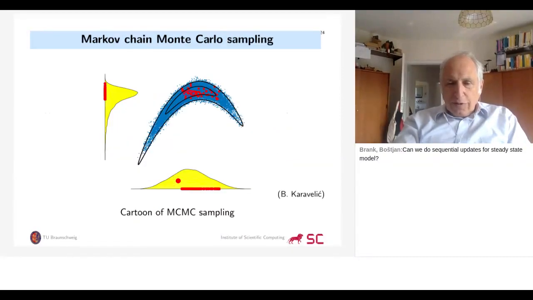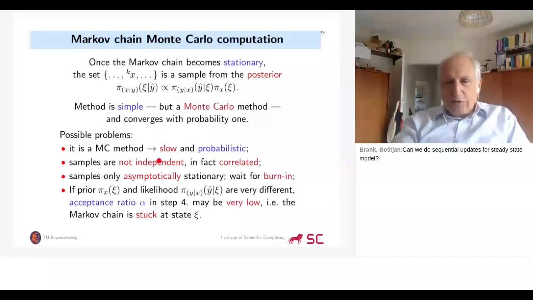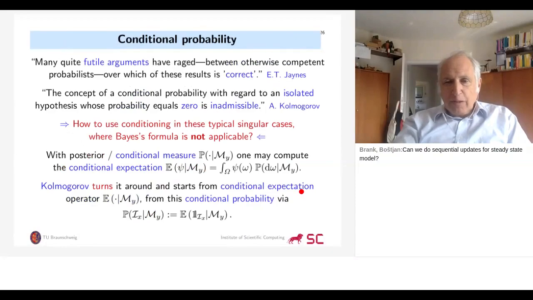Although you can show that this Markov chain will converge to the posterior eventually, with probability 1, it can take a very long time to get there. If you make estimates, it can take several times the age of the universe to actually get there. So then it's clearly not very useful. You don't want to wait that long. Good. So that's why we turn to conditional probability and filtering.